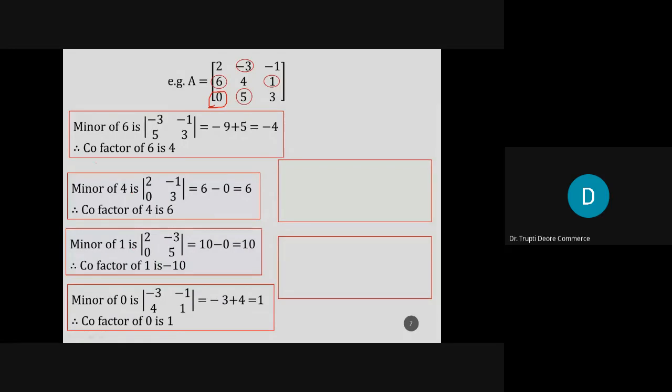Now for the 5, calculate the minor for this 5. How will we do it? This row and this column are cancelled, so the remaining is 2 -1 6 1.